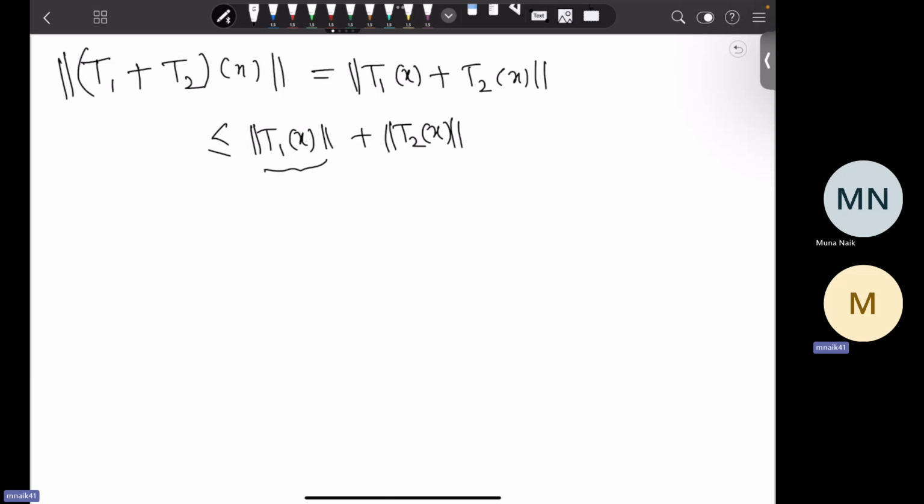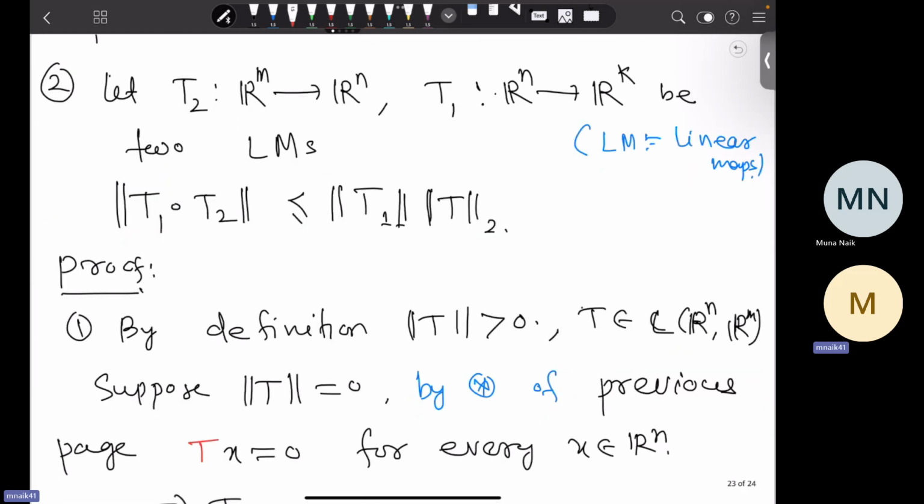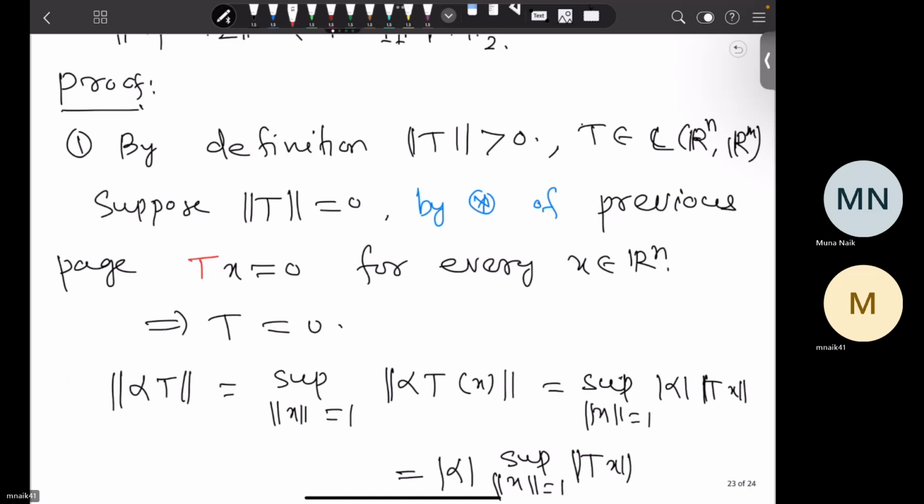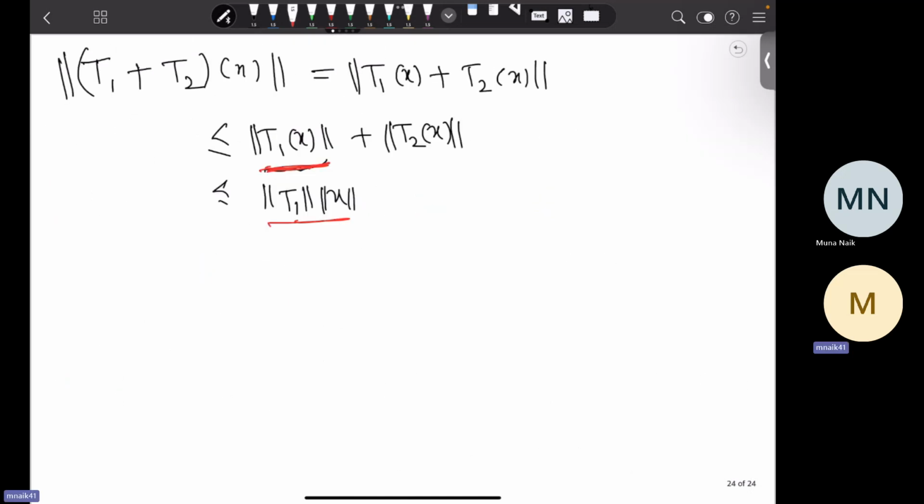The norm of T1x is less than or equal to the norm of T1 times the norm of x. So the norm of T1x is less than or equal to the norm of T1 times norm x; this is observation 1, for A. Similarly, the norm of T2x is less than or equal to the norm of T2 times norm x.